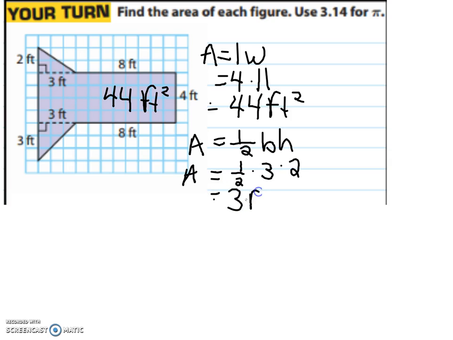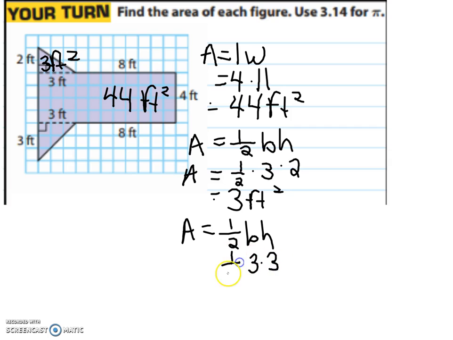So we have 3 feet squared for the top triangle. The bottom triangle is 1/2 times base times height. The base is 3, the height is 3, and 3 times 3 is 9. 9 times 1/2 is 4.5 feet squared.